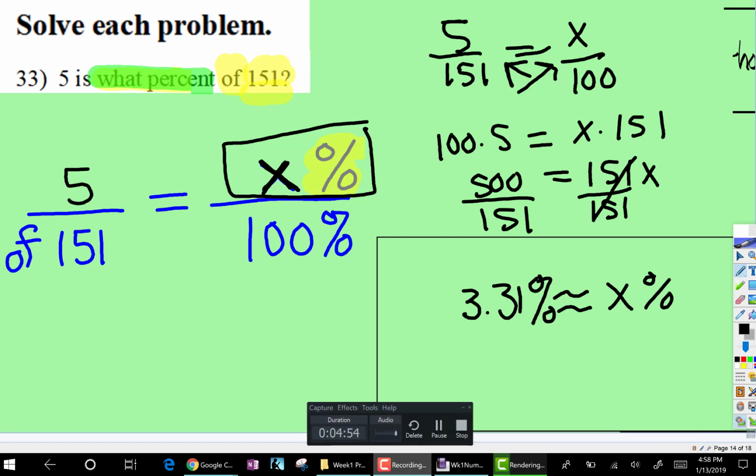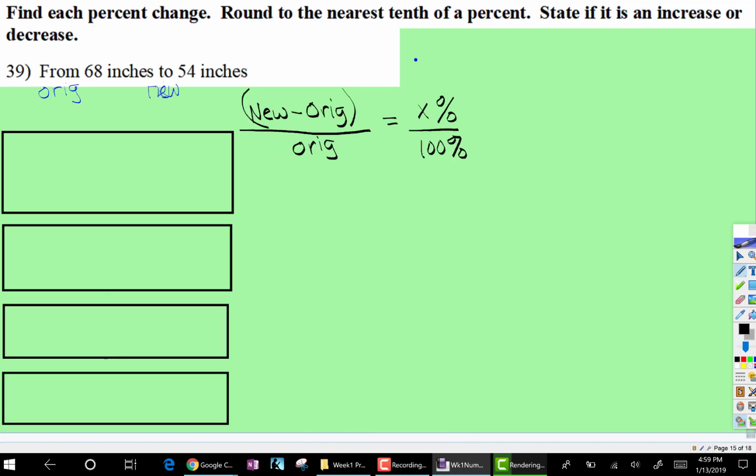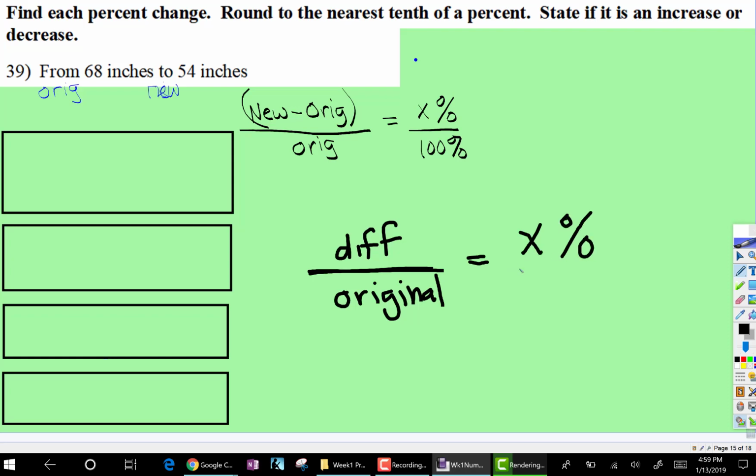Actually, I'm going to keep going. Because we're also going to find when the percent amount has changed. And here we're going to set it up as a proportion, and here's the setup. The difference between the two amounts over the original is equal to the missing percentage over 100%.